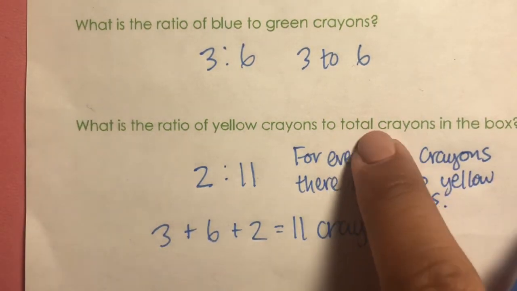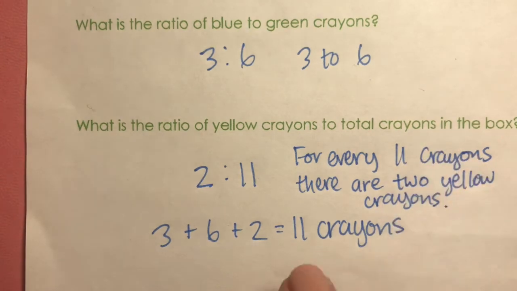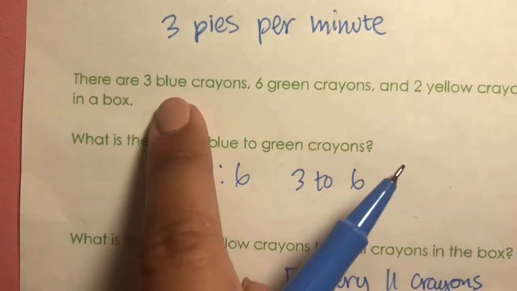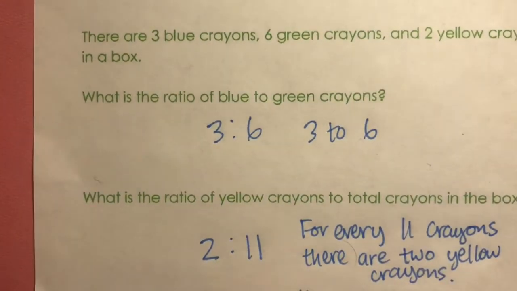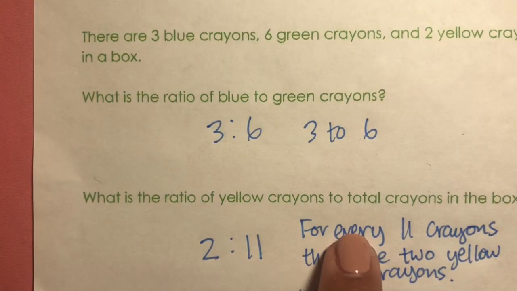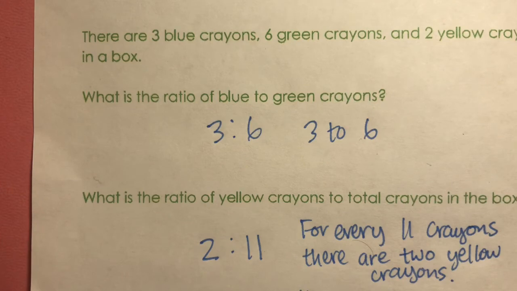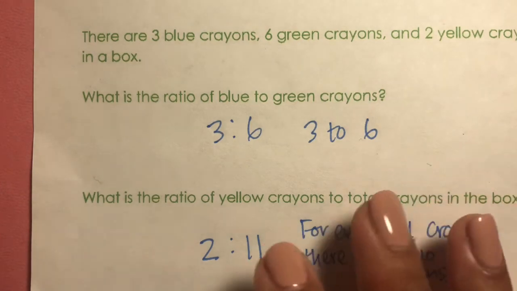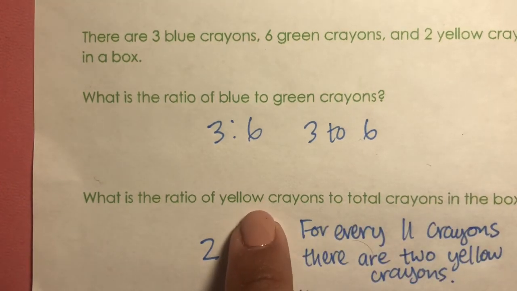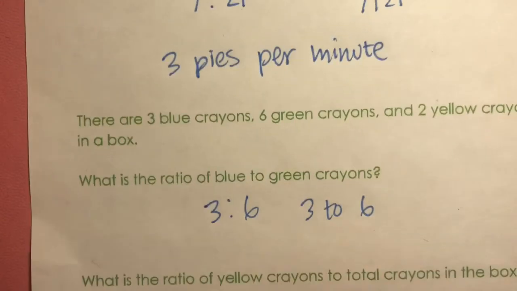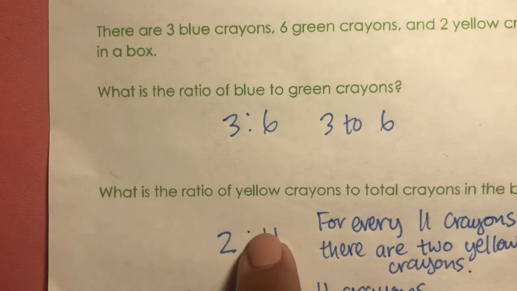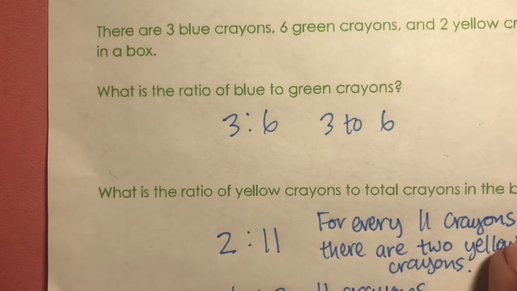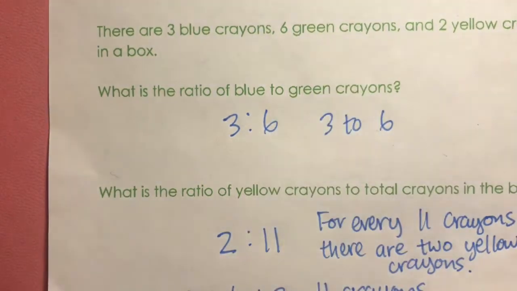So if you're looking for the total amount, you just got to add up all of the numbers that are involved in the problem, and then you just got to find the ratio of what they're trying to put. So if they were saying the ratio of blue crayons to total crayons, you just got to look at how many blue crayons. We have 3. It would be 3 to 11. If you're looking at the ratio of green crayons to total crayons, it would be 6 to 11.